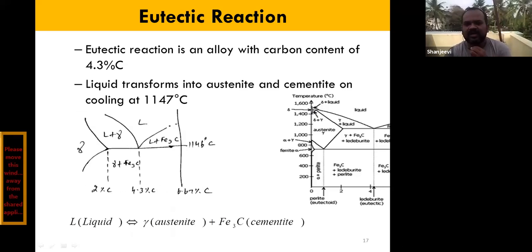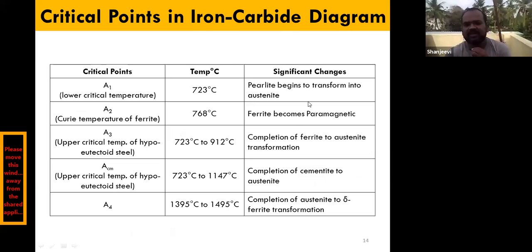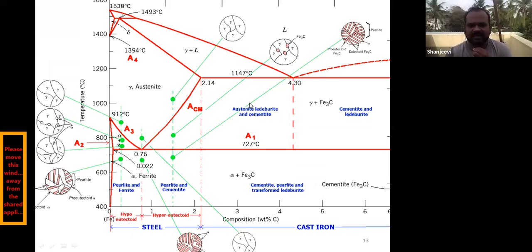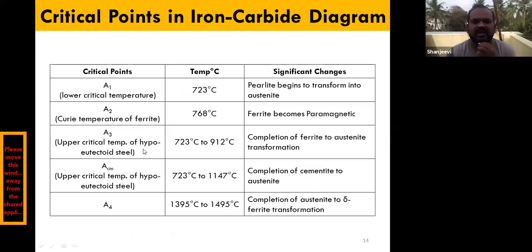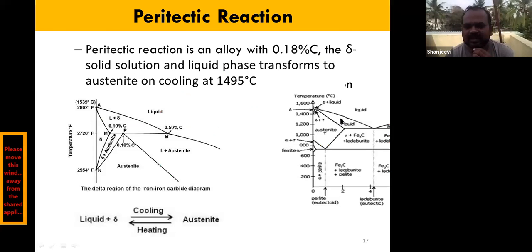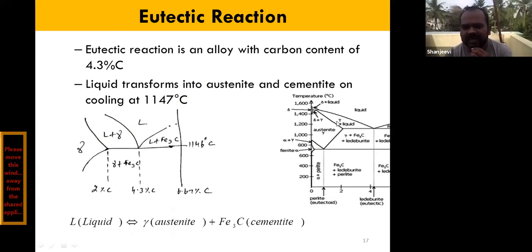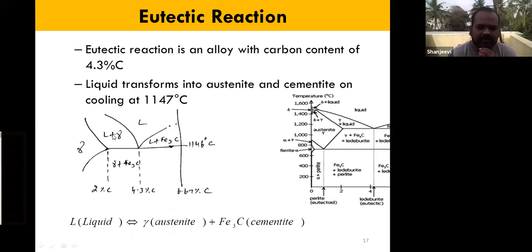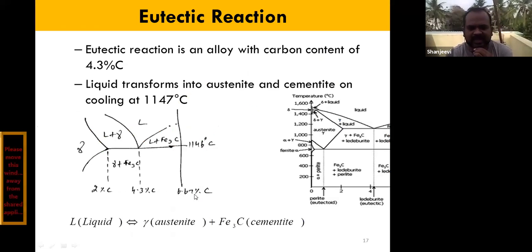Now, eutectic reaction. The eutectic reaction starts from here. This is the eutectic reaction. See here, you can see it. At the eutectic point E, above is liquid, and adjacent is liquid plus gamma, and on the other side, cementite at 6.67 percentage carbon, so L plus Fe3C we will call it.